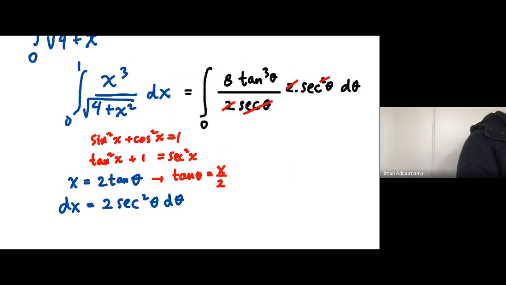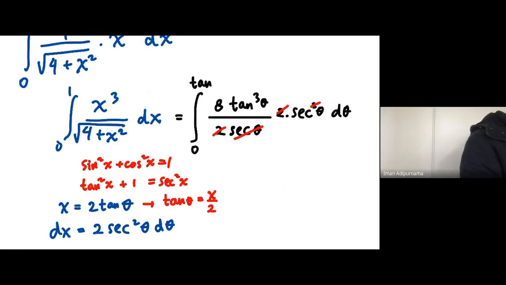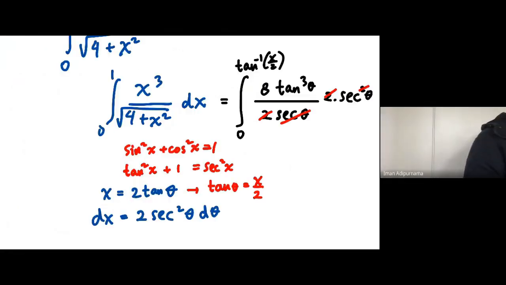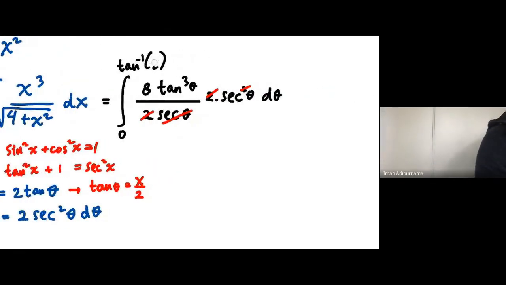So this starts from 0, and this will be tangent inverse of x over 2. Oh, wait, x is 1, so we can just change x into 1 over 2.